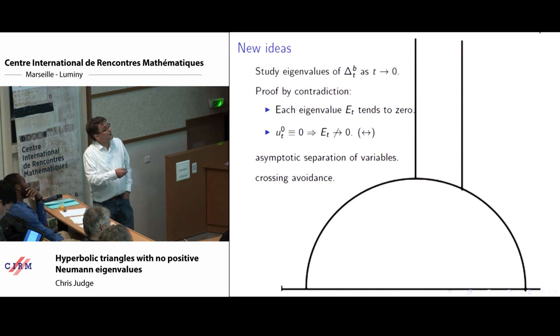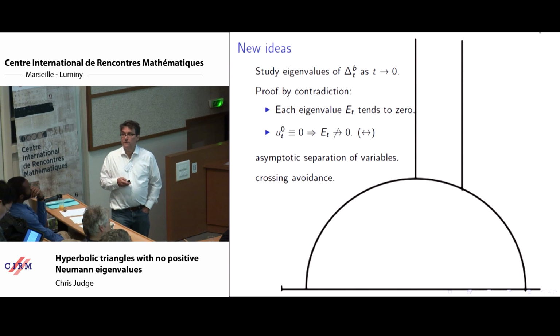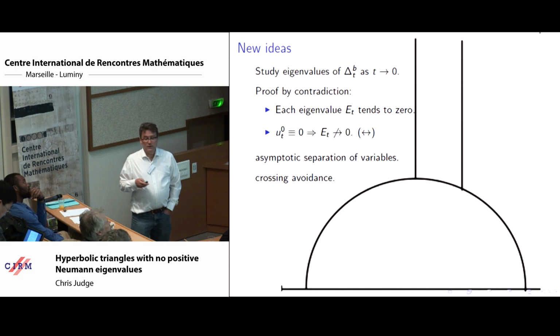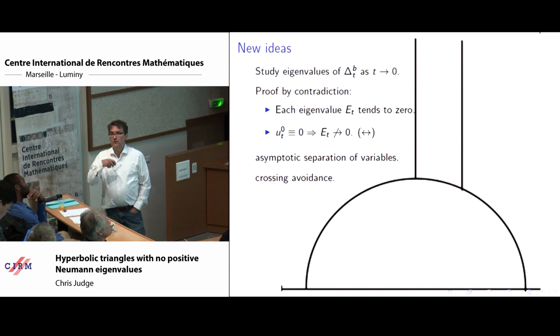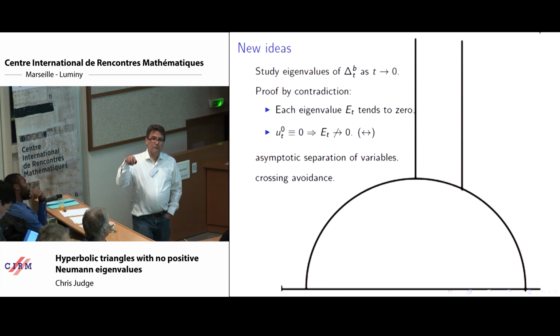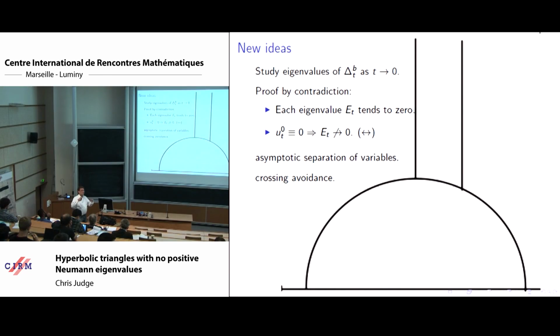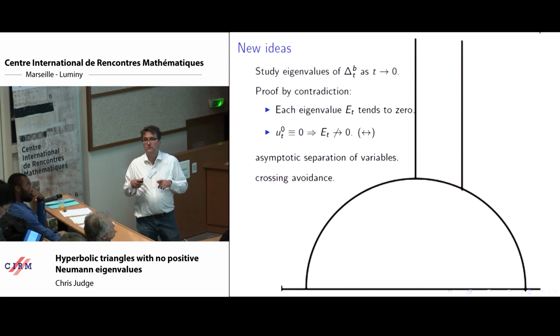So what I want to do is explain these two ideas, or start off by explaining what I mean by asymptotic separation of variables. And it works in more general cases than what I'm doing here. In the previous paper, we showed that if you look at the generic Euclidean triangle, the spectrum is simple for Dirichlet or Neumann eigenvalues.